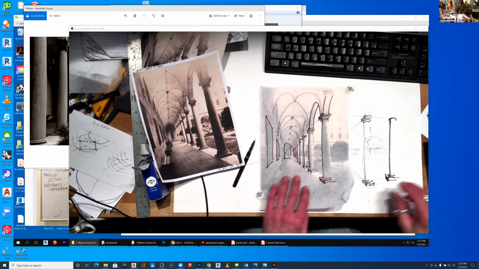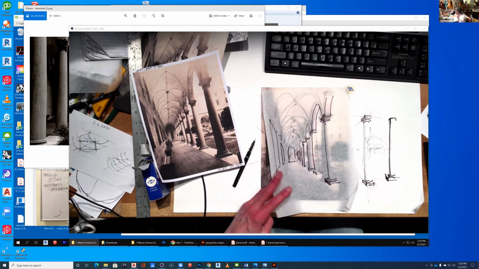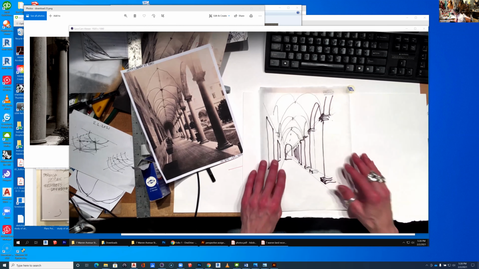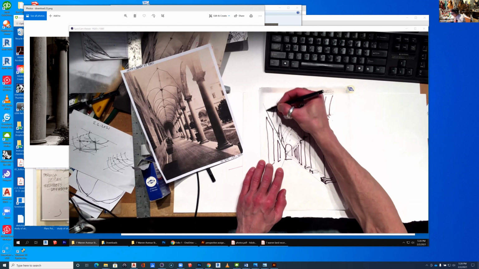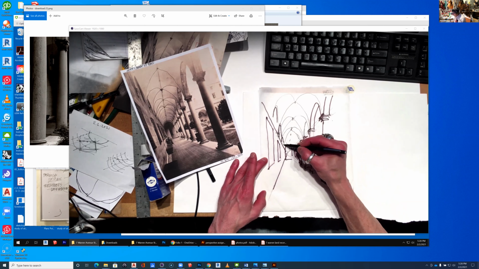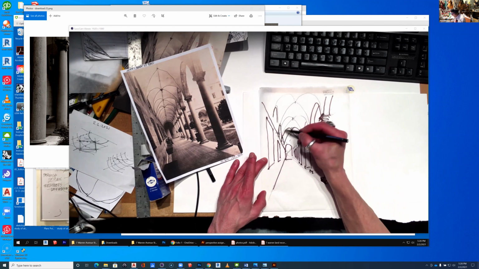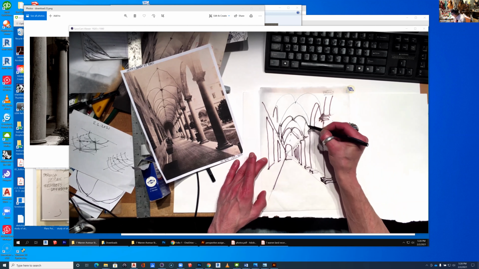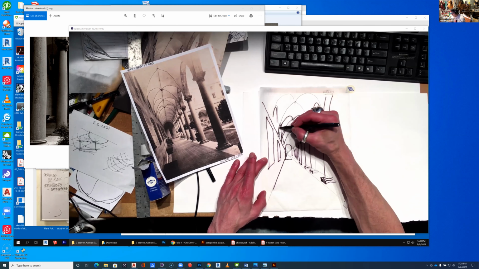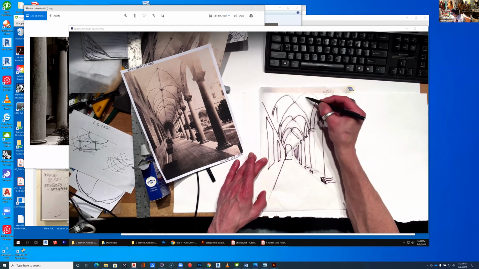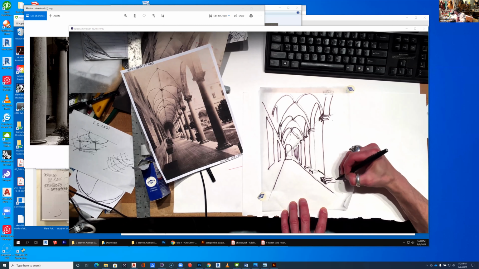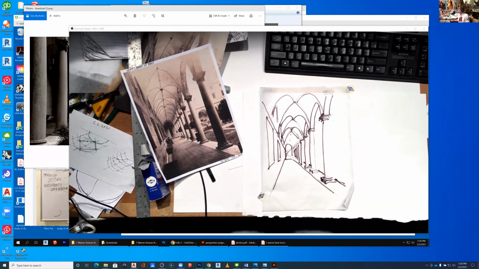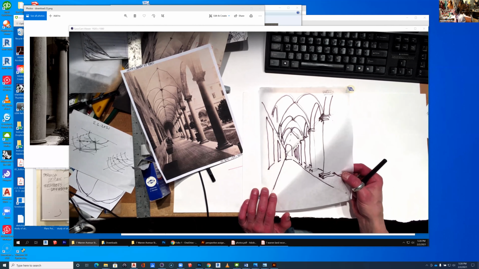But there's enough of a drawing there to form the beginning of that system, then we got to transfer this trace to paper.